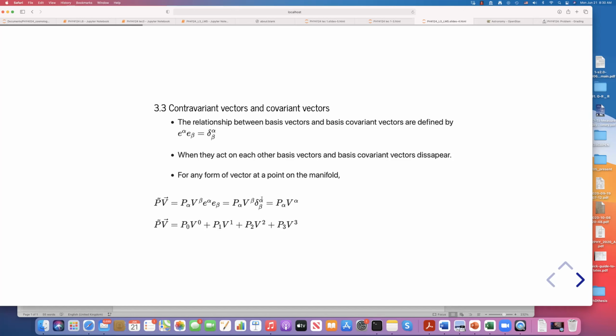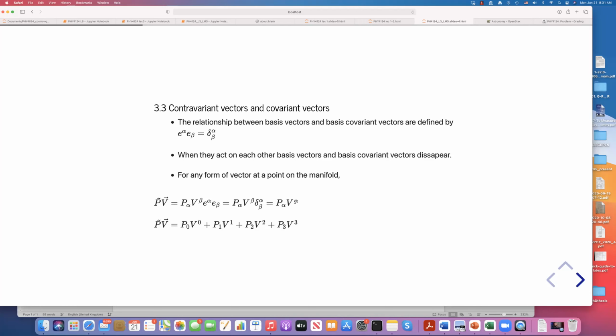You take the condition alpha equals beta, then you can replace all the betas with alpha, and then this delta alpha alpha will be 1. You don't need to worry about all the other terms, because when alpha does not equal beta, the value of the delta function will be 0, which leads to the whole expression being 0. Then what you will have is this expression, P alpha V alpha, right?